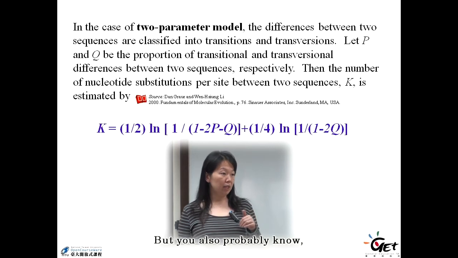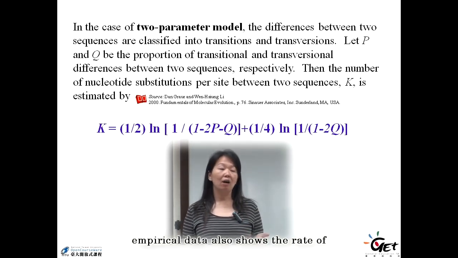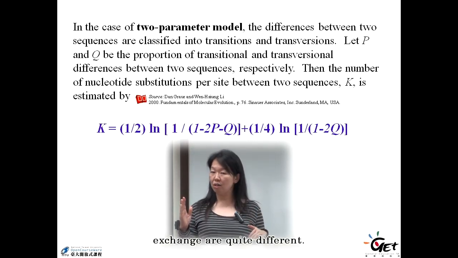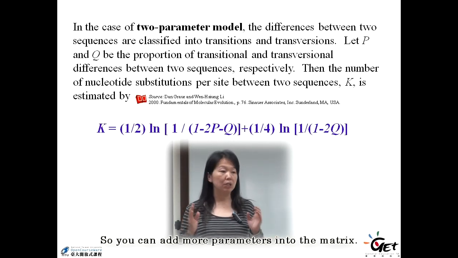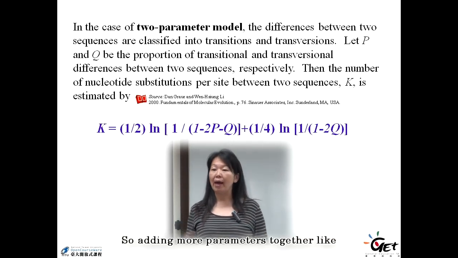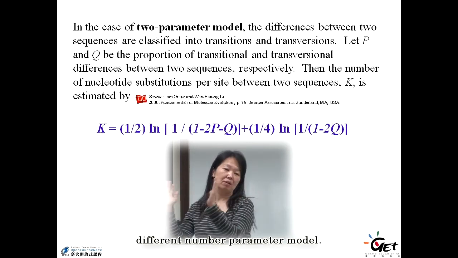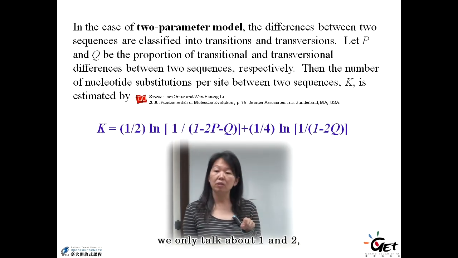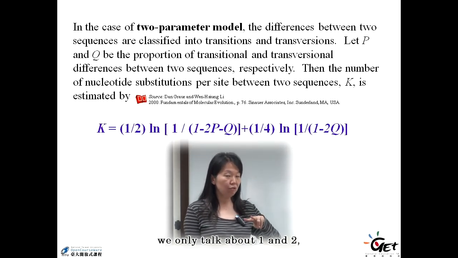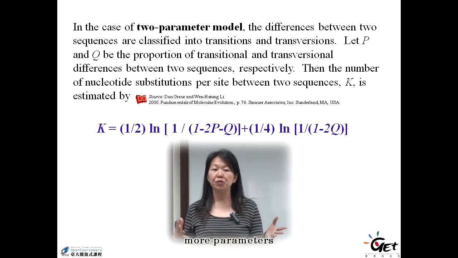But you also probably know empirical data show the rate of each change is quite different. So you can add more parameters into the matrix, and adding more parameters gives you a different-parameter model. That's the basic idea. In class, we only talk about 1 and 2. In your textbook, we'll talk a little bit more about more parameters.